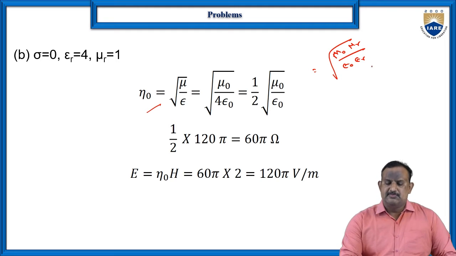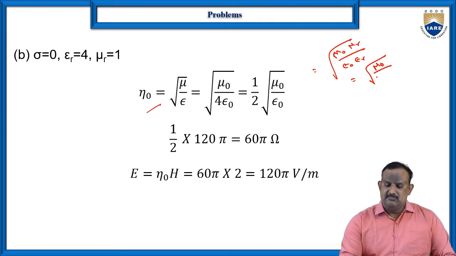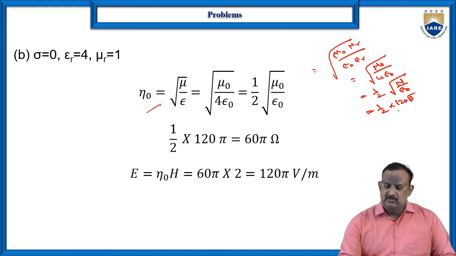So mu r and epsilon r both are 1. Then we can cancel the mu r and epsilon r. Therefore, root of mu naught by 4 epsilon naught, which we can write as 1 by 2 into root of mu naught by epsilon naught. Therefore, it is 1 by 2 into 120 pi, which is equal to 60 pi.